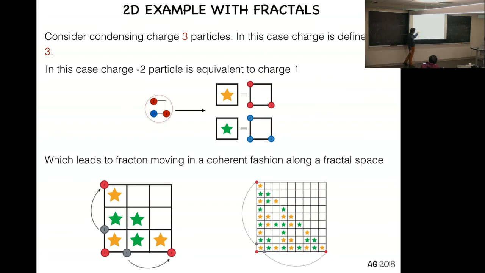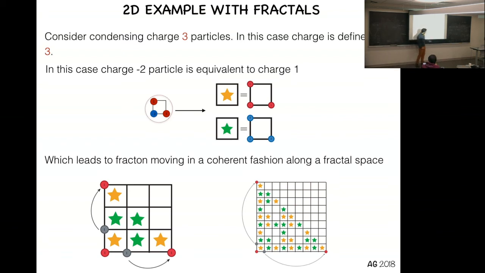And you end up with charge here and here. Now imagine we have periodic boundary conditions, and this is identified with this. So we just created a non-local operator that pulled these three charges out of nowhere, moved them along this way, and annihilated them. That's not very exciting, but let's keep moving.